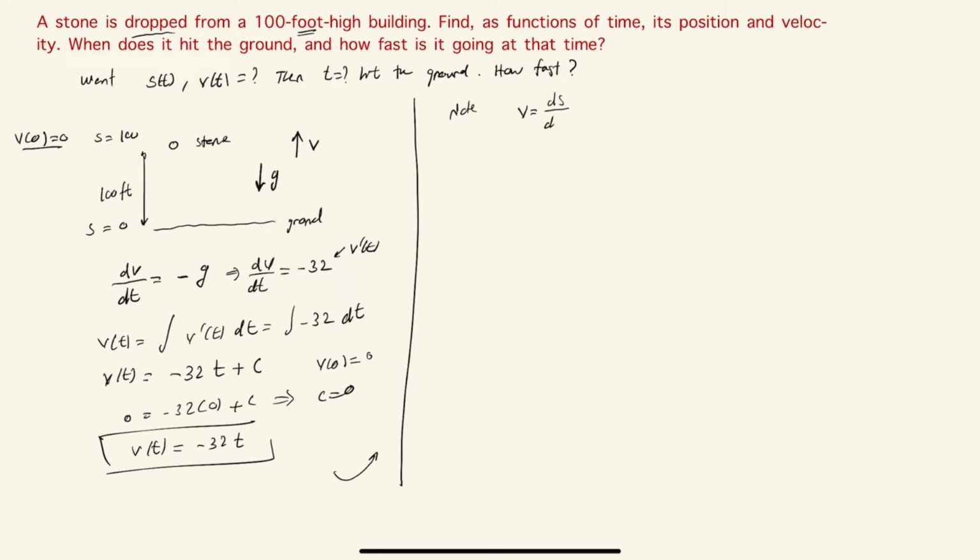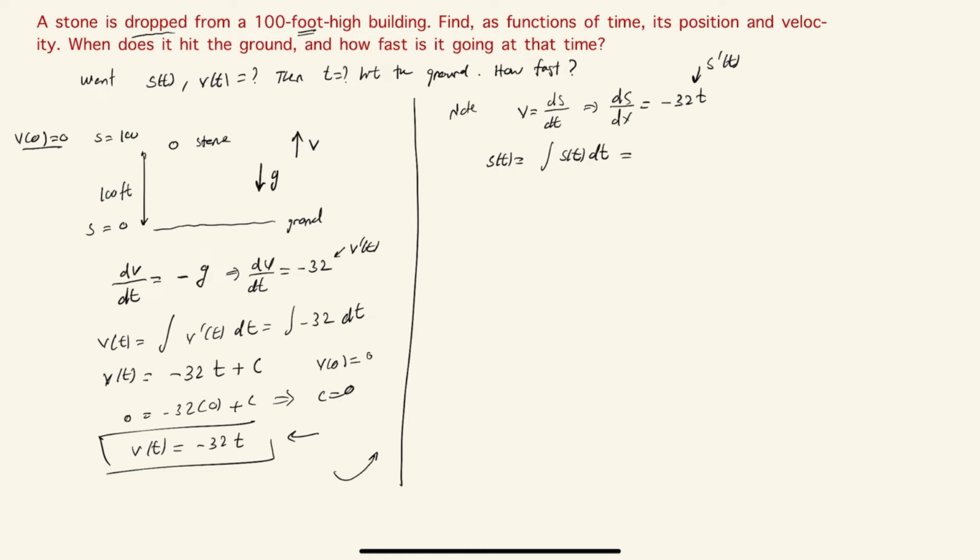Noting here, the velocity is equal to the change in position, that is ds over dt. Therefore, ds over dt is going to be equal to v of t, which is minus 32t. Now we want to find the position. Therefore, it's going to be the integral of s prime of t.